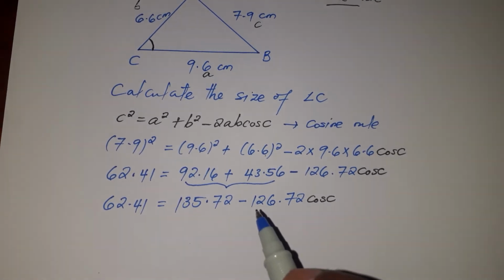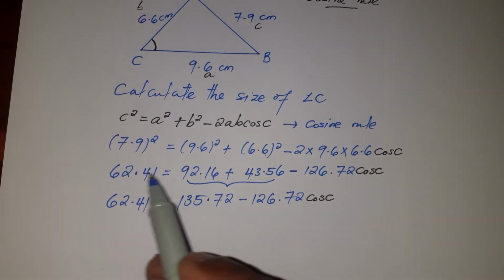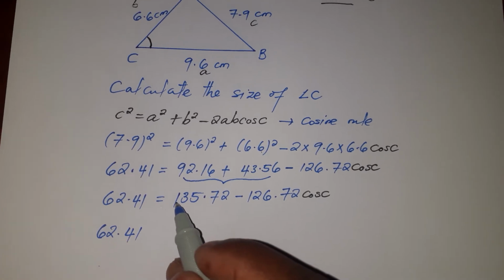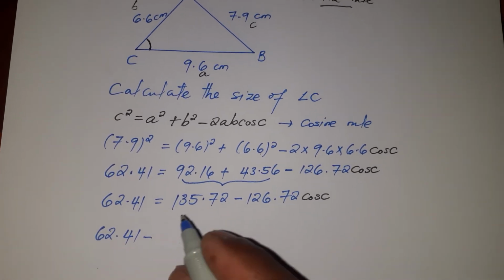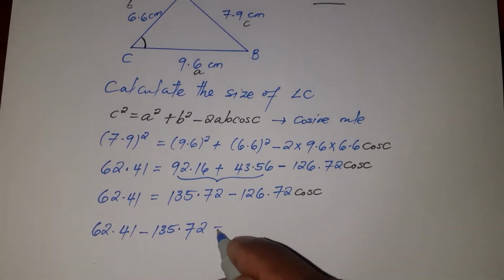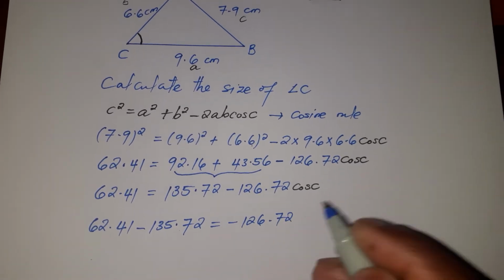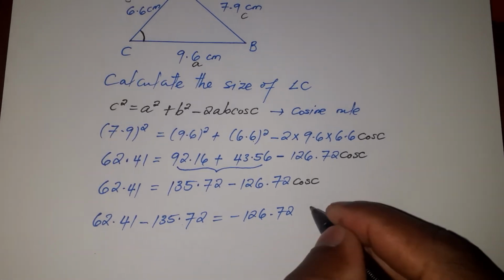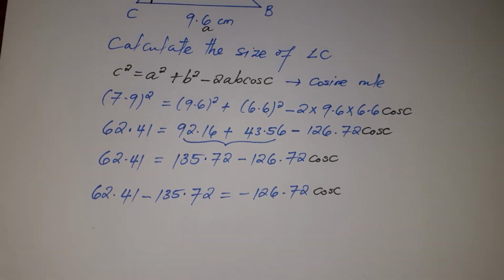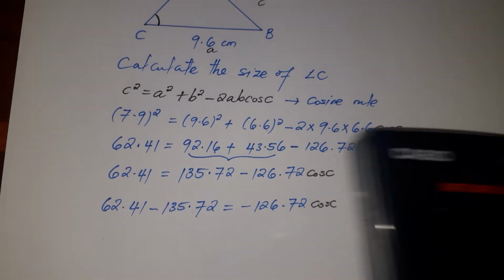Now what we can see here, we have this number and that number which are like terms, so we need to take this number to come this side. Then you are going to have 62.41. This side is positive, therefore when it comes this side it becomes minus 135.72 equal minus 126.72, and then we have our cosine C. Now we can subtract these two.